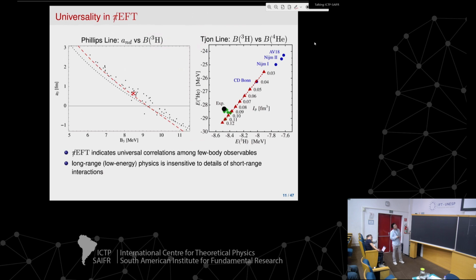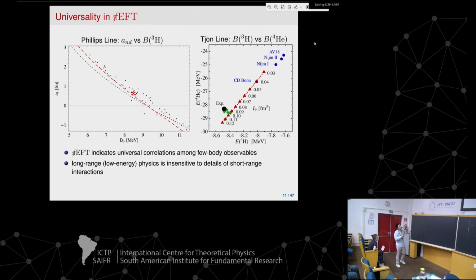And the plot on the right is called the Tjon line. It shows the correlation between a three-body observable and a four-body observable. Basically, you use different potential models to calculate these two quantities, the binding energy of triton and the binding energy of helium-4, and you will see that these numbers vary a lot across potential models, but they lie basically on a linear line. So those two quantities are correlated by a single line.